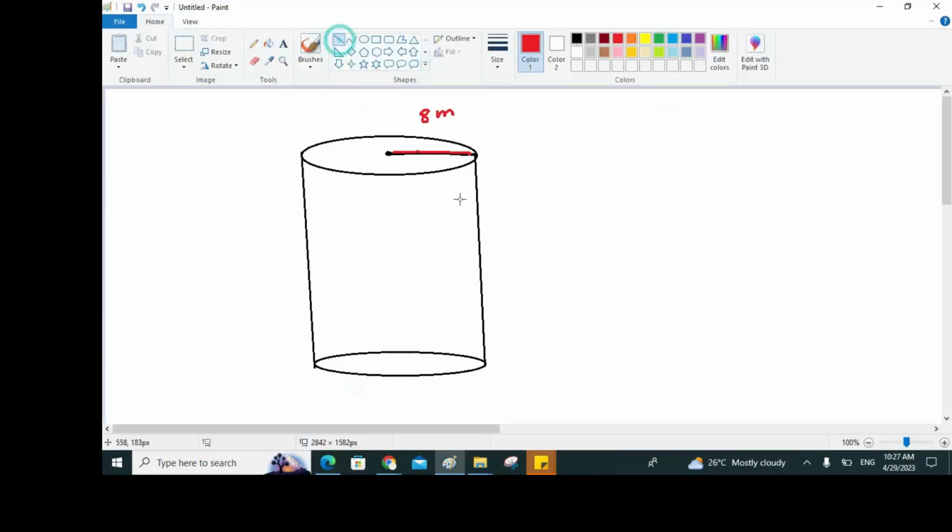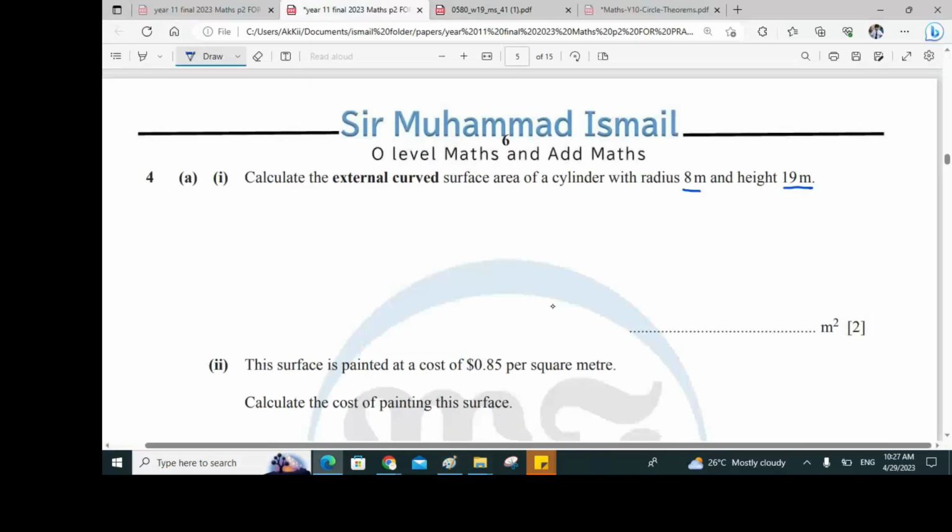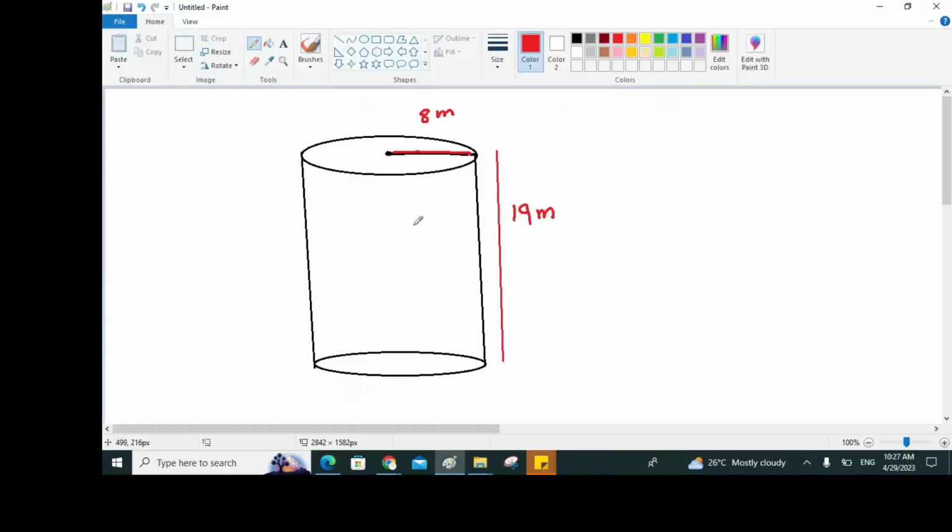So this is the height, it is 19 meters. Okay, the 19 meter height is given, 8 meter radius is given. You have to find the external curved surface area. So by the curved surface area, this is this area. This is the outer curved surface area.